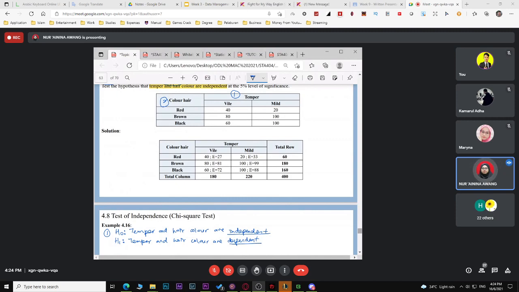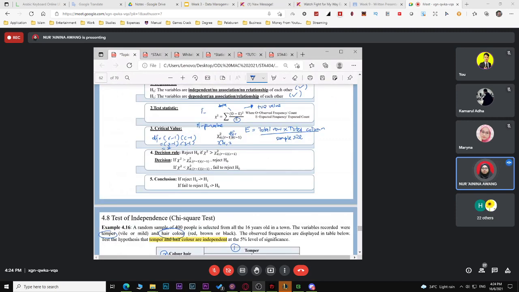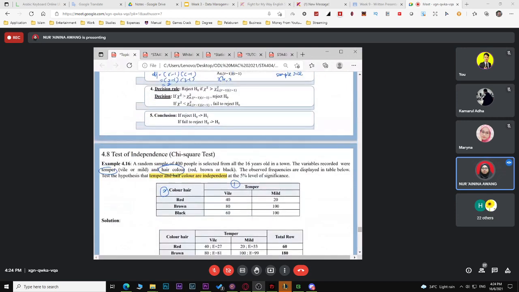And then the second step is your chi-square calculated. To calculate your chi-square calculated, you will use this formula. But before that, since the question only gives you this table of raw data, the values in this raw data are your observed frequency, your O. So this is the O for violet red, and this is the observed value for mild red.